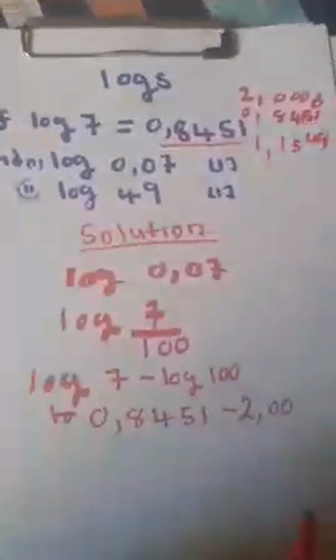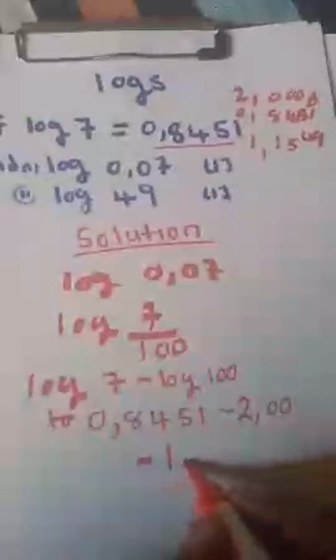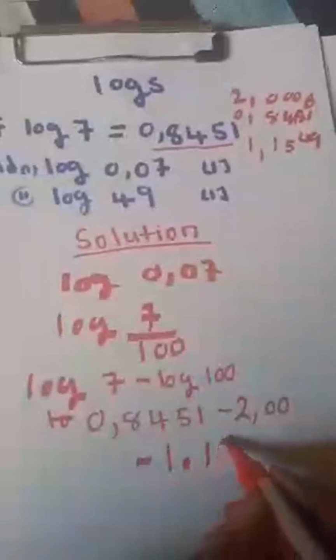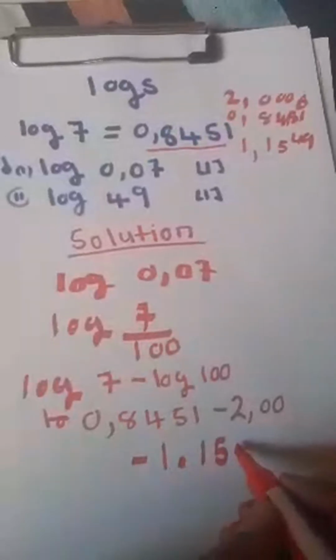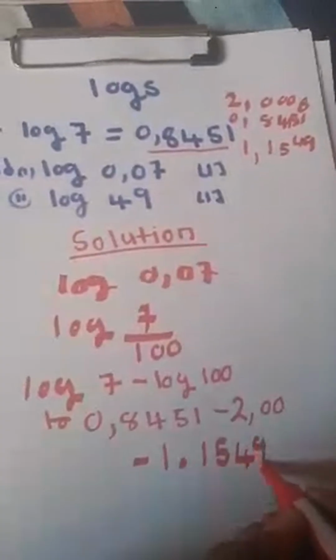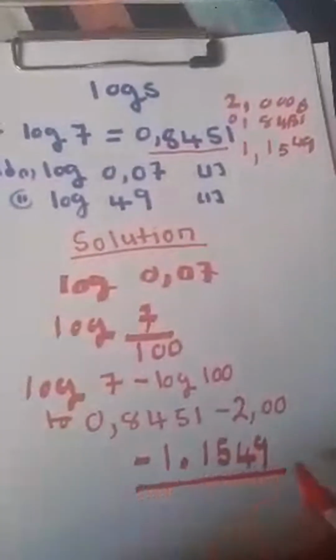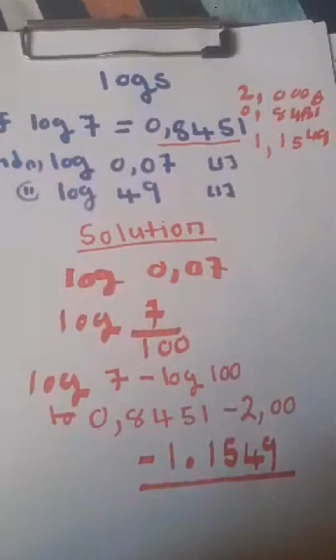So our answer will be negative 1,1549. That's log 0,07.